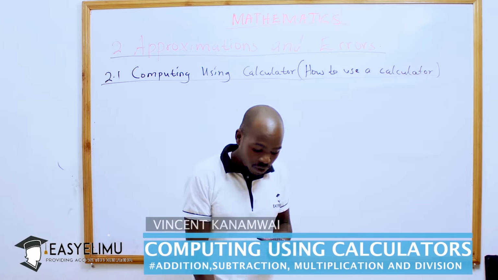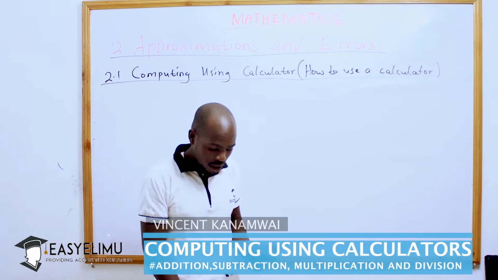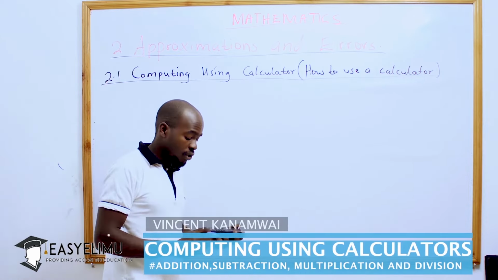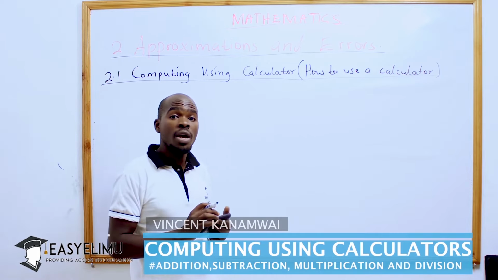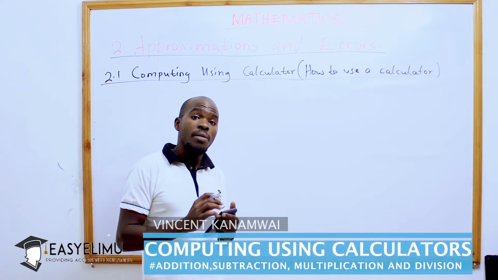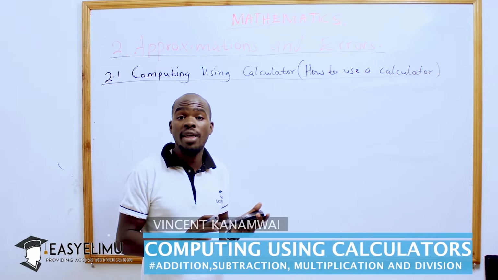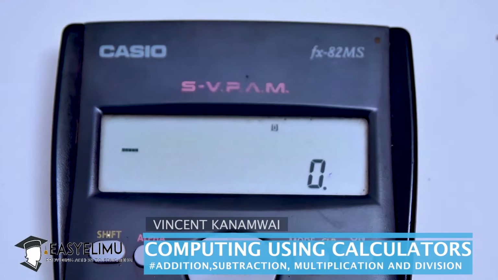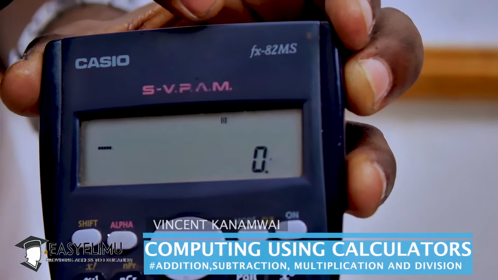For the first thing, we shall start with the 4 basic operations using calculators: addition, subtraction, multiplication, and division. Those are the major 4 basic operations, and they have their different keys on the calculators, found on both the simple and the scientific calculators.